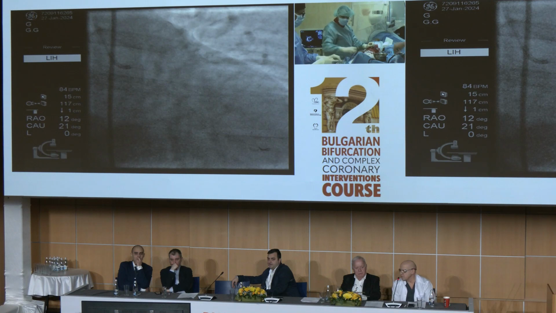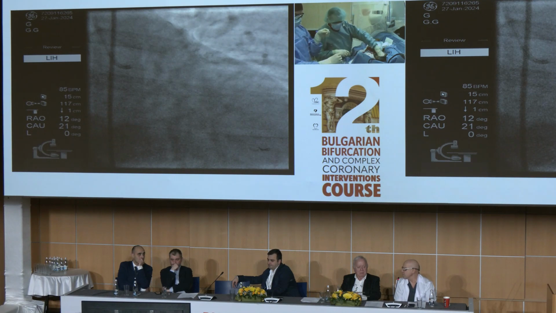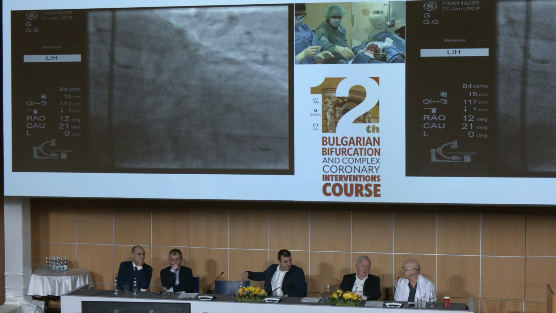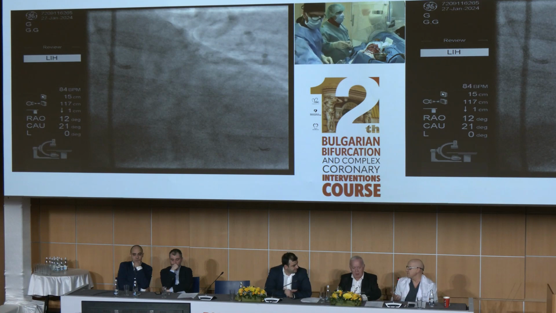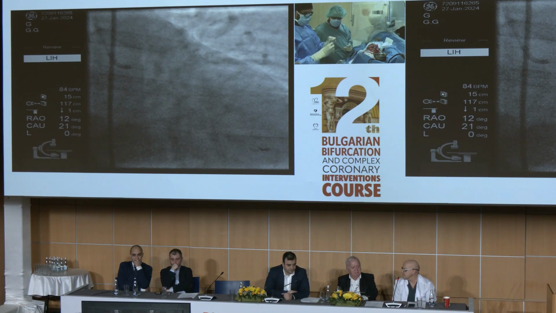Just as a comment, what we usually do is use a Fine Cross just to go through the lesion, and after that put the rota, which is much faster, easier and more predictable. And after that, with the same Fine Cross, we exchange for the workhorse wire.